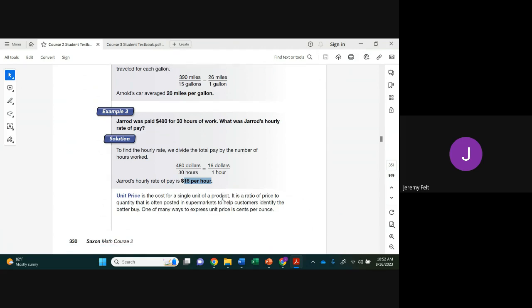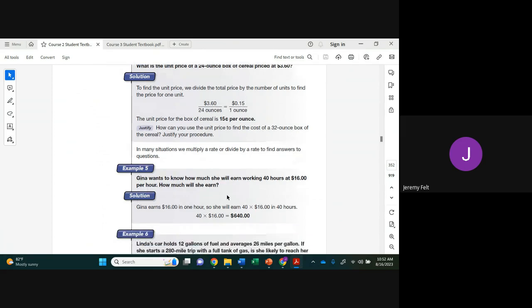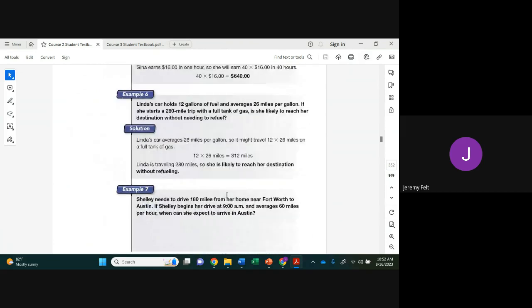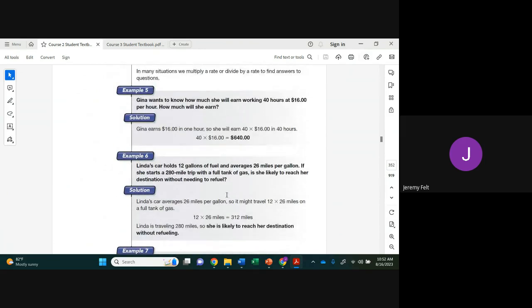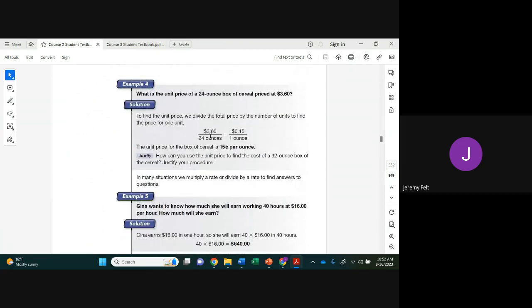We also have unit price. A lot of times things are sold in price per pound, $5 per pound, $2 per pound, or ounces for some smaller things. So if we look at a lot of examples here, I'll just use this one. Okay, example 4. What is the unit price of a 24-ounce box of syrup priced at $3.60? So we do 3.60 divided by 24, and we get 0.15.